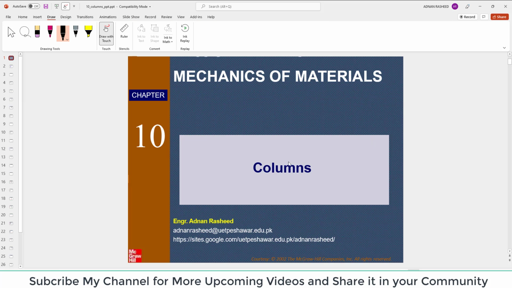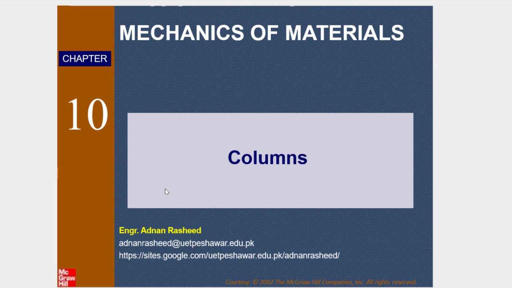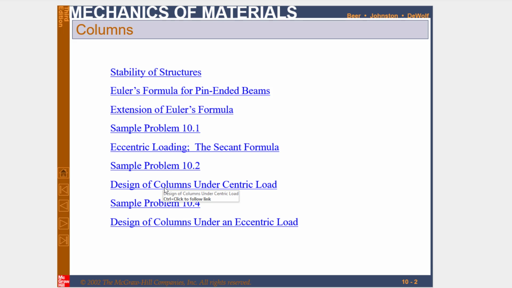Okay, now let's move toward our main topic, that is about column. So in this chapter we are going to study the stability of structure. First we will define the behavior of column in terms of stability.